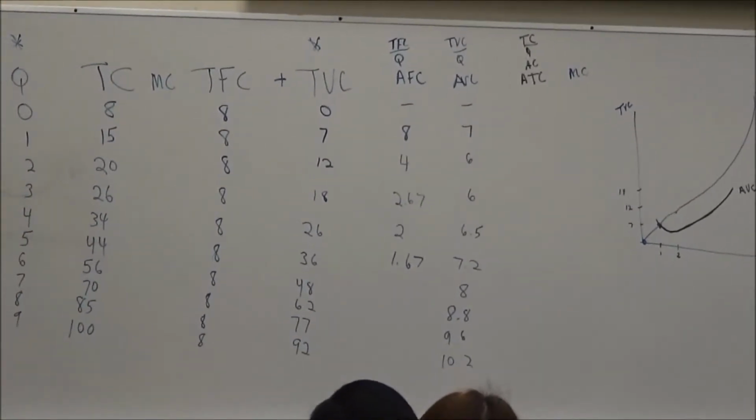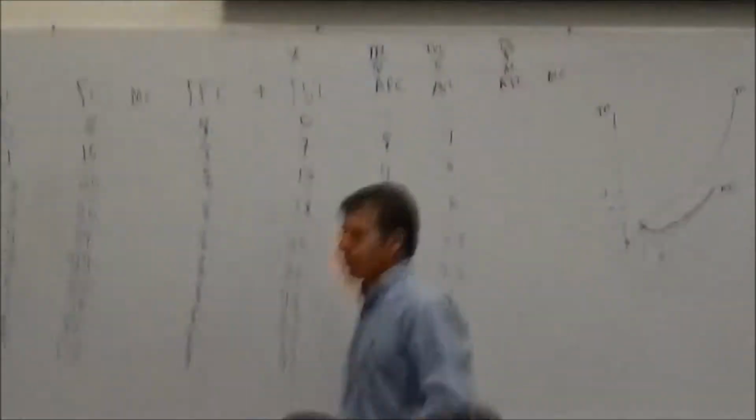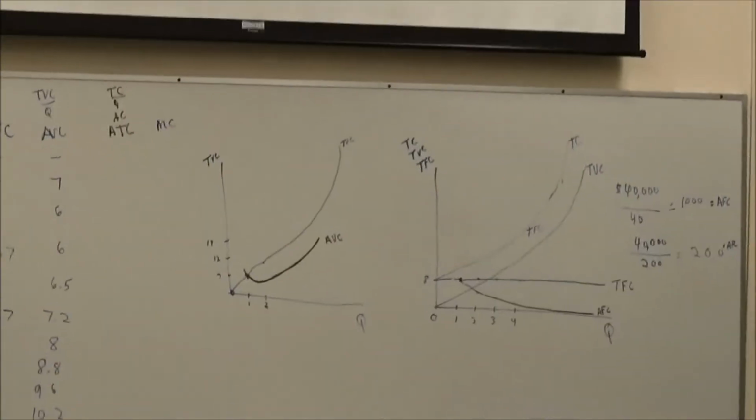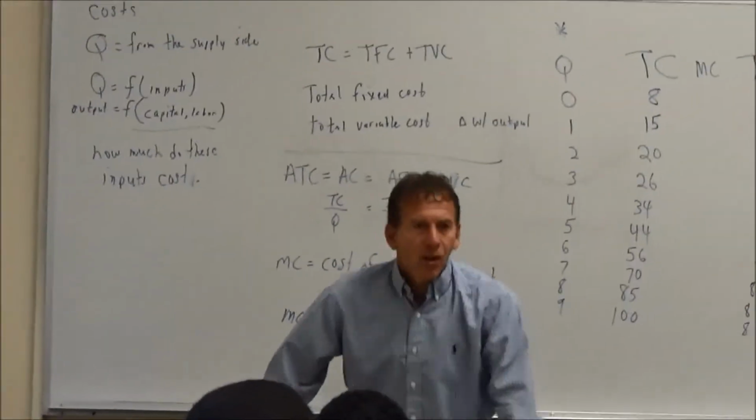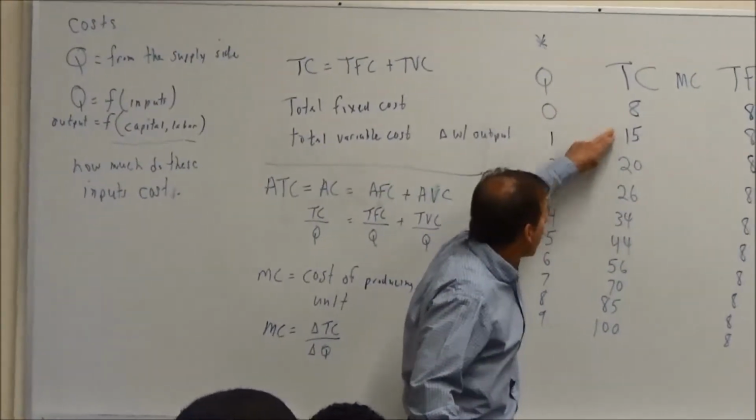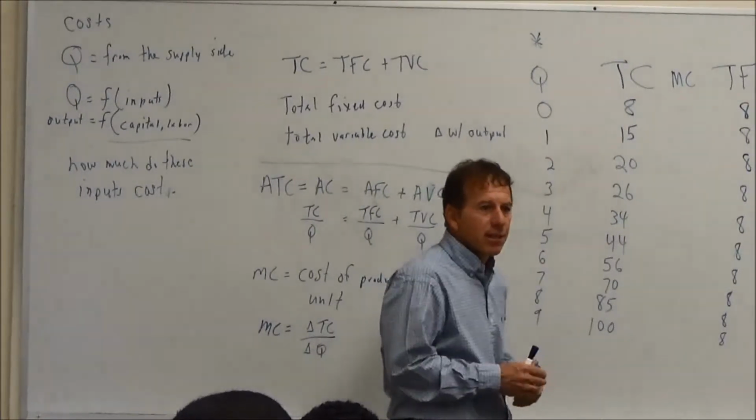So if I'm going to make my next chair here, I'm going to make the next one like this. How much will it cost to make just this one? Well, when I produce 0, my costs were 8. Now I'm producing 1, and my cost is 15. So how much did it cost to make this? 7.